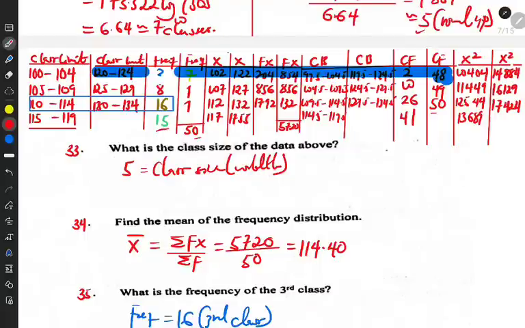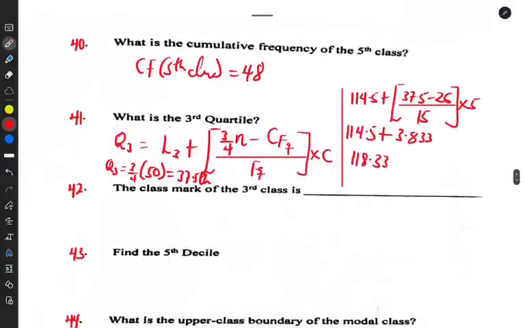But notwithstanding, at times the class mark can also mean the midpoint. So once you identify the class limit, then for me to get a single value, we can also look at it in terms of the midpoint, which is 112. Or if you are looking at it from the class limit approach, then 110 to 114.